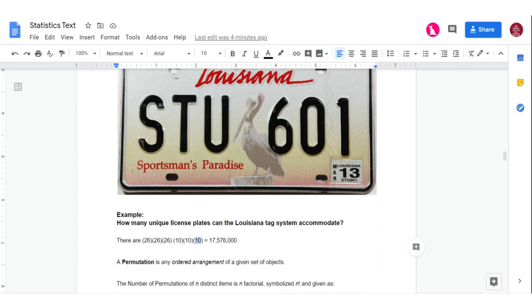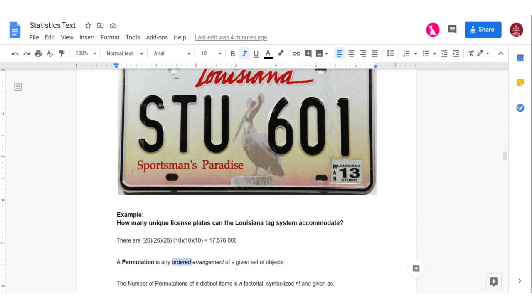Now, this is what's called a permutation in actuality, even though the basic underlying principle is the counting principle, that a permutation is any ordered arrangement of a given set of objects. And I said that's the same thing as a phone number or a license plate, password type of thing, because order is important here, okay?